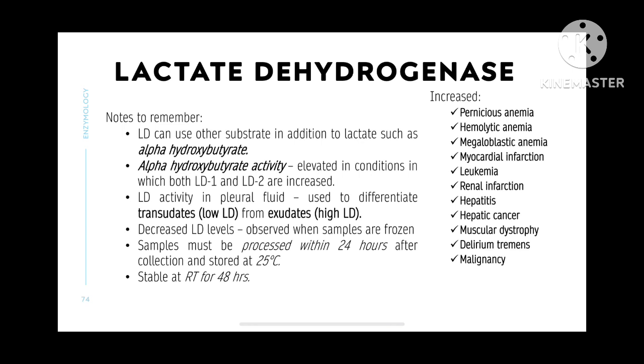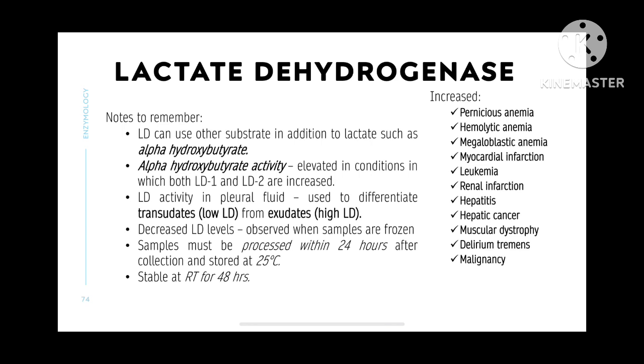However, alpha hydroxybutyrate dehydrogenase activity is not entirely specific for the LD1 fraction because LD2, LD3, and LD4 also contain varying amounts of the H subunit. Hydroxybutyrate dehydrogenase activity is increased in those conditions in which the LD1 and LD2 fractions are increased. Lactate dehydrogenase is commonly used to measure lactate and pyruvic acids or as a coupled reaction.